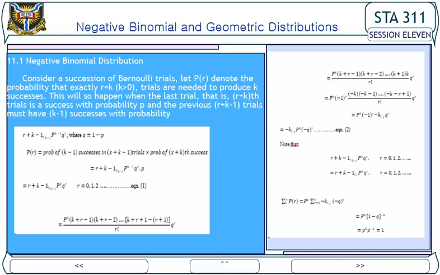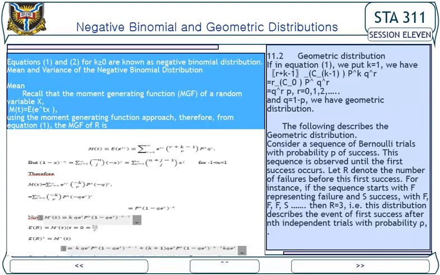Note that R plus K minus 1 combination K minus 1, P raised to power K, Q raised to power R, for R equal to 0, 1, 2, and so on. The summation from 0 to infinity of P of R is equal to 1. Equations 1 and 2 for K greater than or equal to 0 are known as the negative binomial distribution.